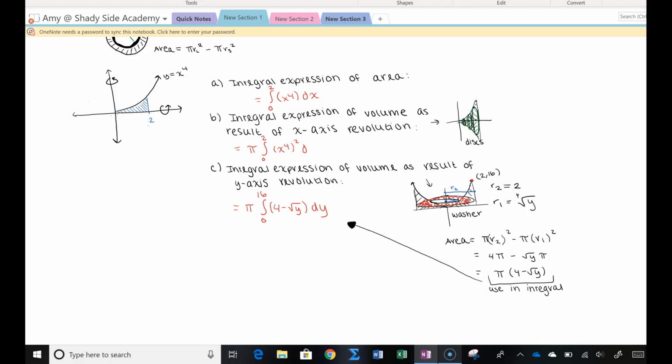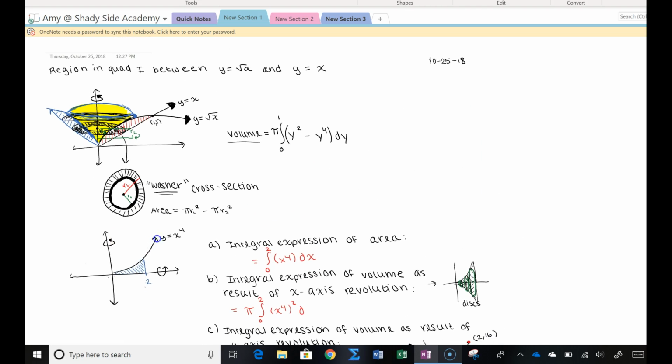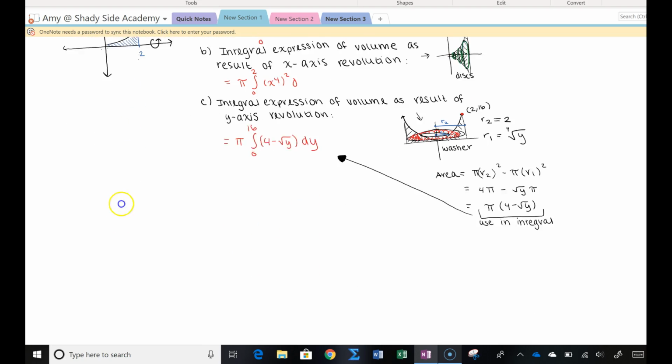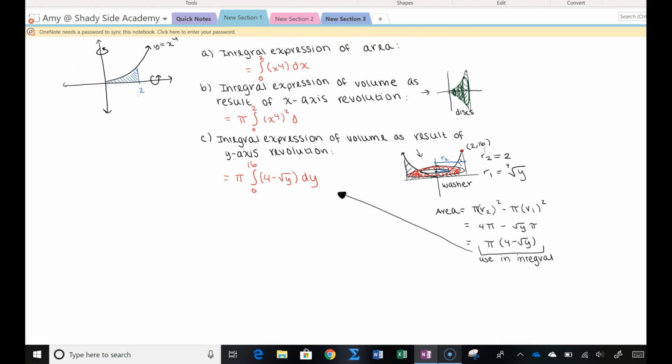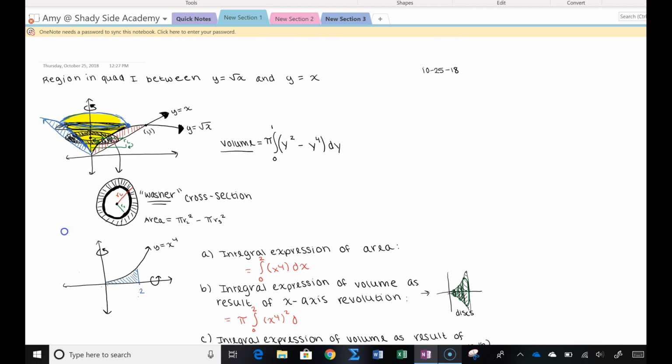The inner radius is going to the curve y equals x to the 4th. Most people would write the inner radius is x to the 4th, but your dummy is y. So you have to rewrite y equals x to the 4th as x equals the 4th root of y. Don't forget to then square your radii. Okay?